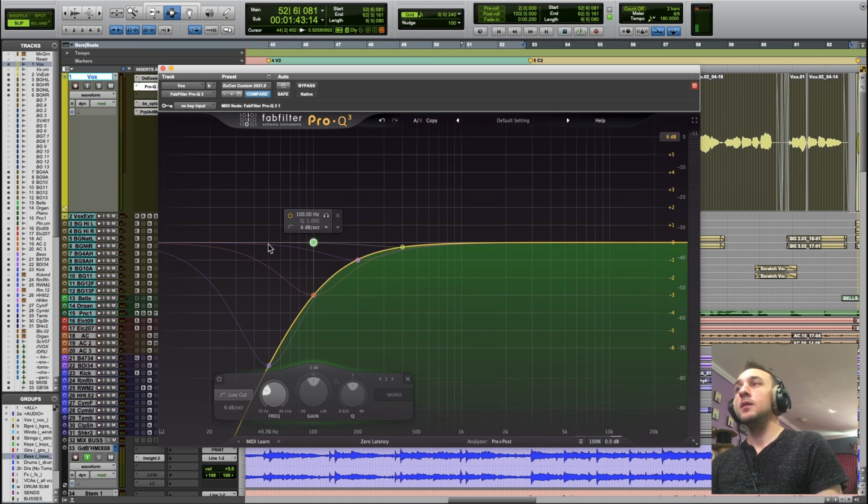You usually think of high pass filters as carving away the rumble from low frequencies that are getting captured by a microphone that you just don't need, or super sub information on a bass DI or something like that.